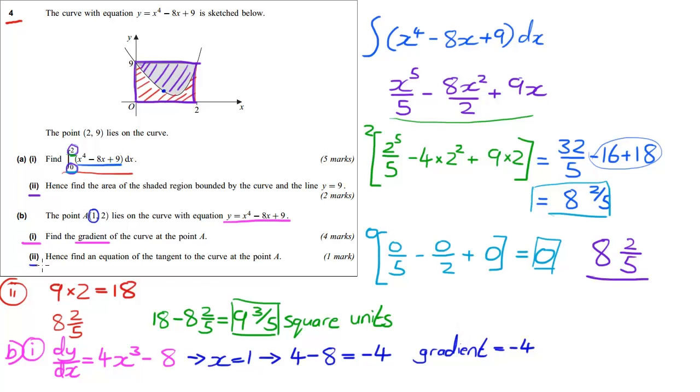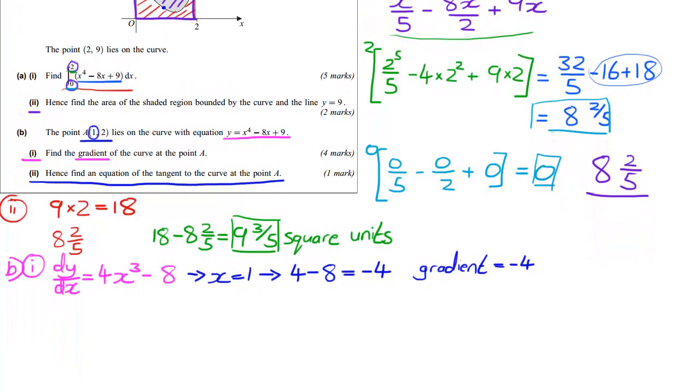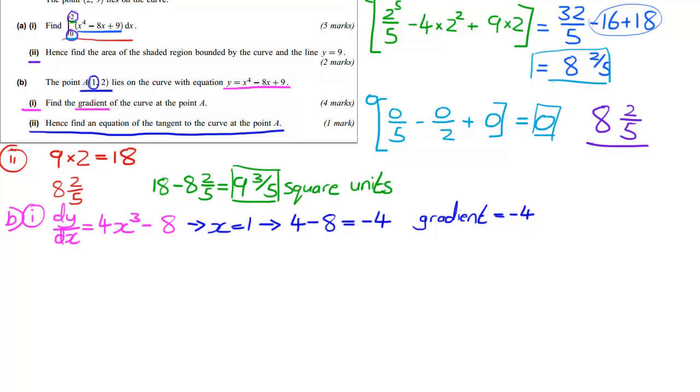And then our last question, find an equation of the tangent to the curve. So we have a point A, and we have the gradient. The gradient is minus 4. So let me scroll down and get some space. So part B2. We have our point A is (1, 2), and we have our m, our gradient, which is minus 4.